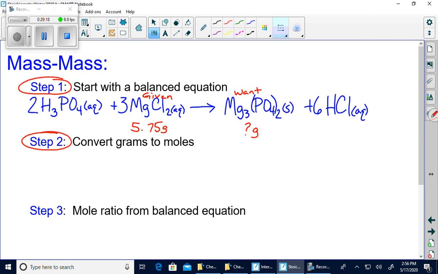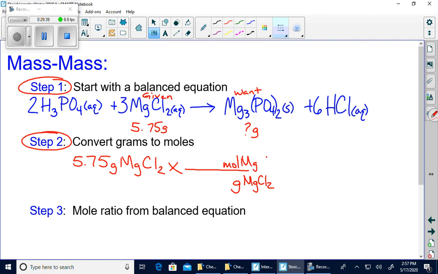All right, so I'm going to start off with my 5.75 grams of magnesium chloride. I'm going to convert that to moles. So I put grams of magnesium chloride on the bottom, moles of magnesium chloride on top. This is molar mass, so 1 goes with the moles, and the molar mass of magnesium chloride is 70, let me look it up real quick.